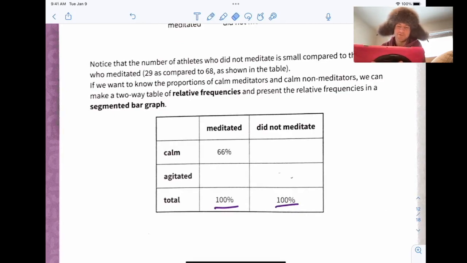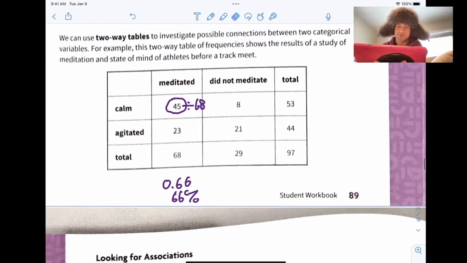From there we can just use subtracting. If 66% of people are calm, that would mean 34% are not. But let's double check using math because it's fun.